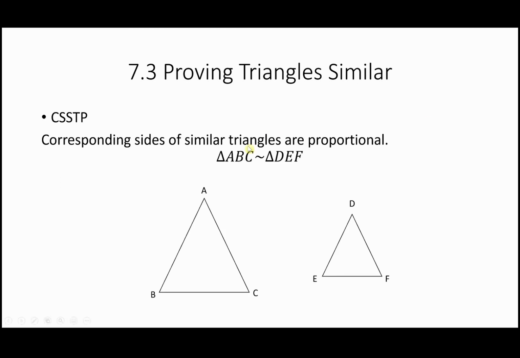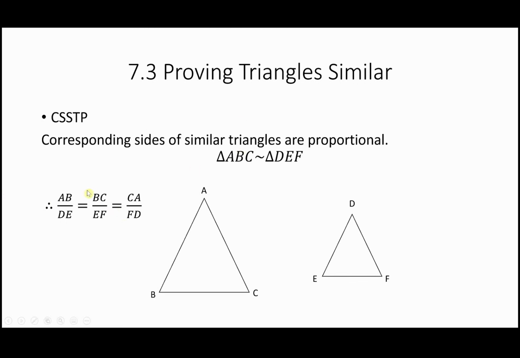So let's say that we have 2 triangles that are similar. What can you conclude based on CSSTP? You can conclude that any of the 3 corresponding edges are in proportion or in ratio with their corresponding edges in the other triangle. So basically you can conclude this string proportion, okay?